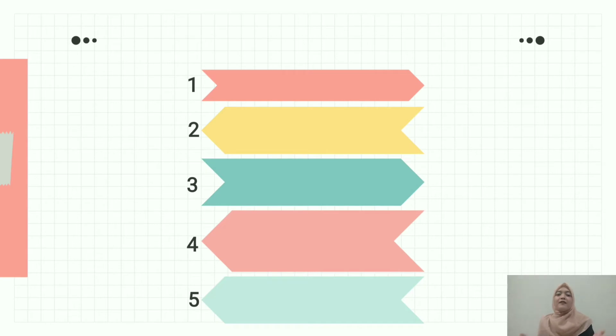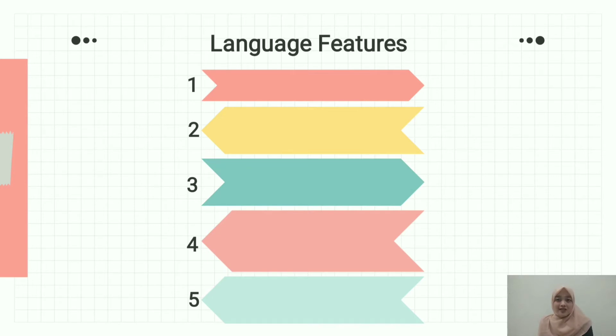Well, after we talk about the structure of the text, now let's see the language feature of the text. In an analytical exposition text, we usually find the present tense. Tensesnya menggunakan present tense biasanya ya. Tapi kalau misalnya you recall something in the past, misalnya ada isu yang sebelumnya, you can use the past tense.